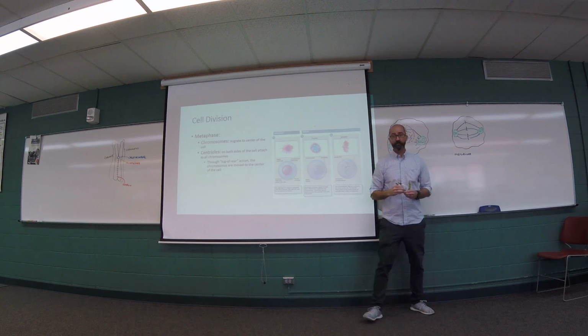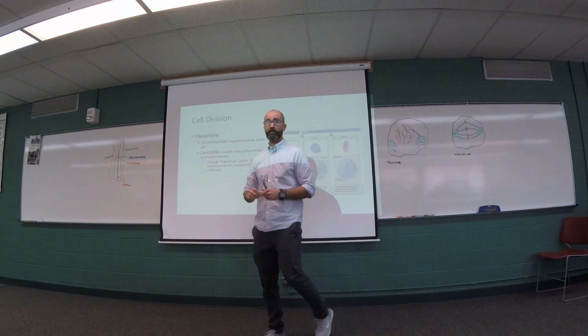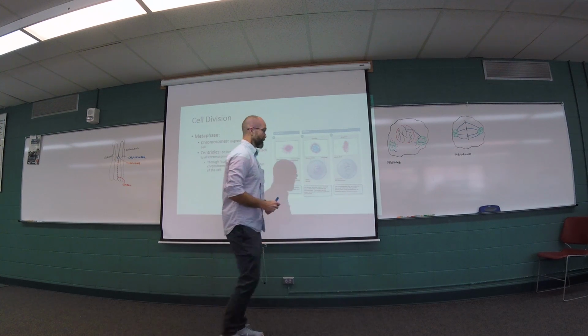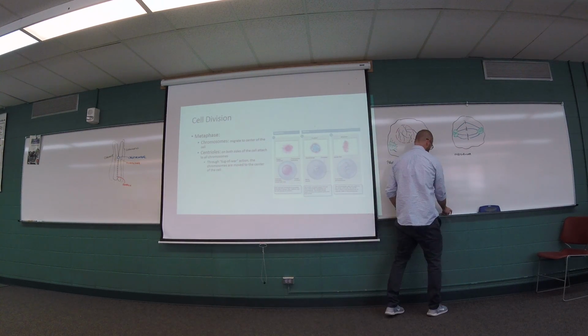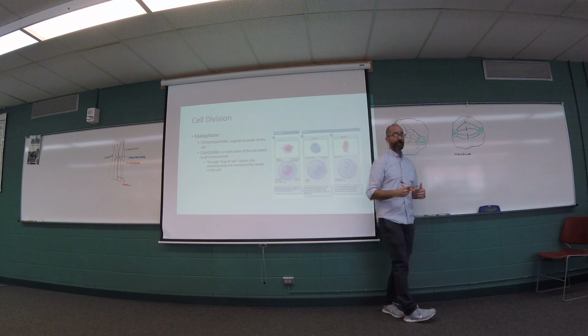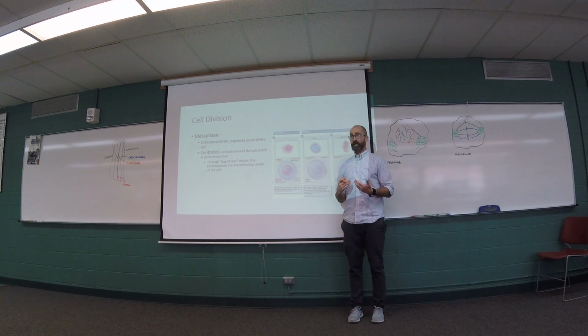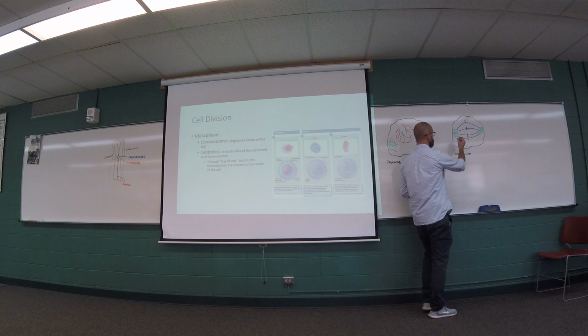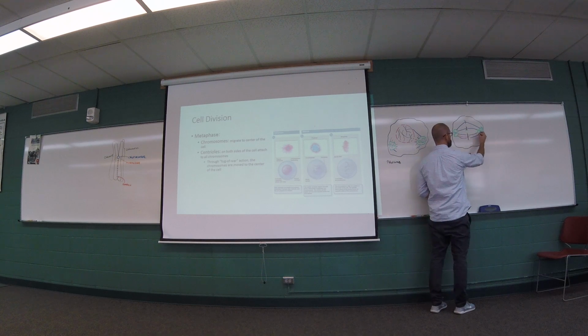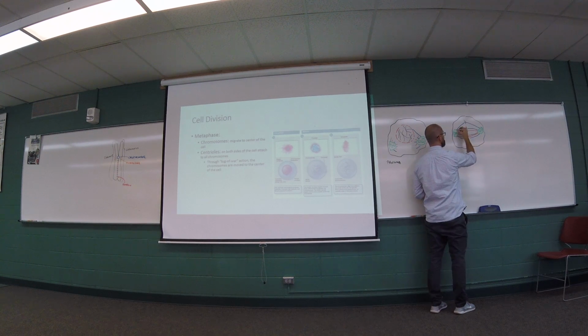Okay, so those are the blue microtubules. There are also some orange microtubules. Structurally, they're nearly identical. What they do is they provide an anchor. They're going to grow out and attach to microtubules from the opposing centriole, like this.